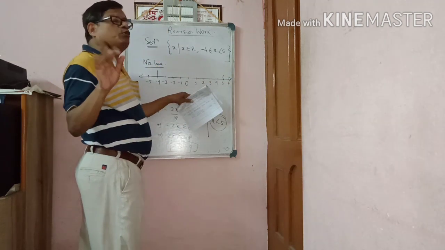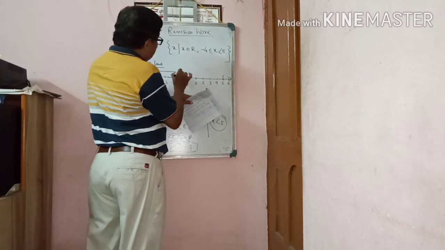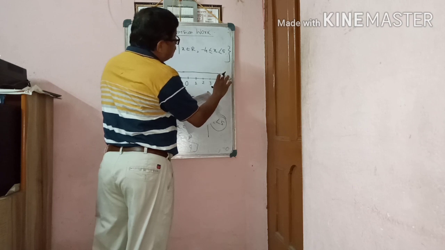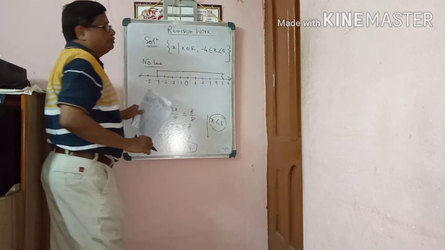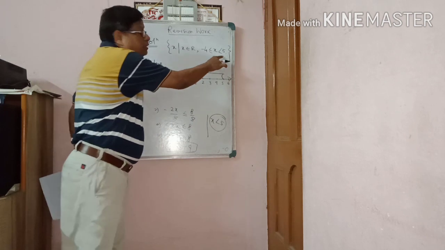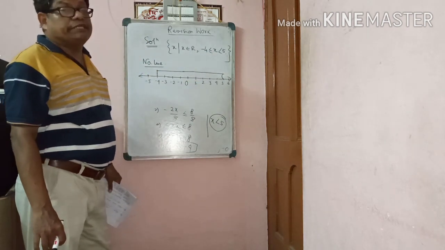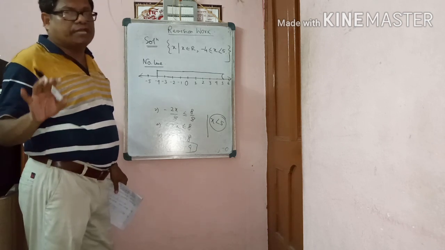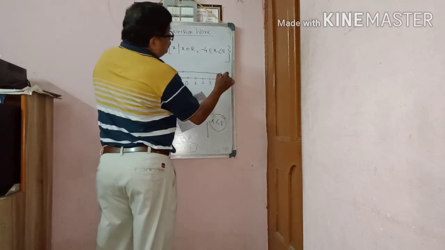Here 5 is not included, 4.999 like that, so we are not taking 5. You can also give a circle, no problem.